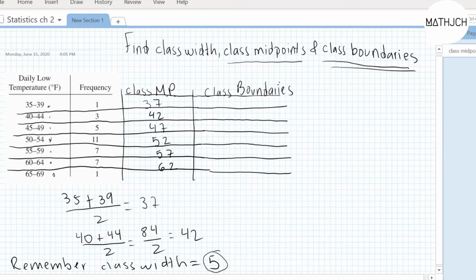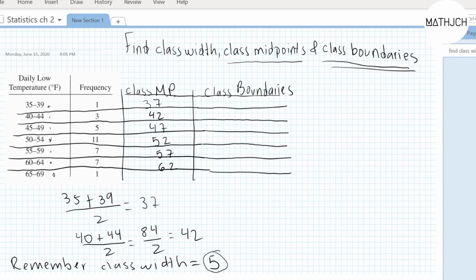For the class boundaries, notice that the numbers involved in the classes, or in the ranges, are whole numbers, so we are not going to make it harder for you.